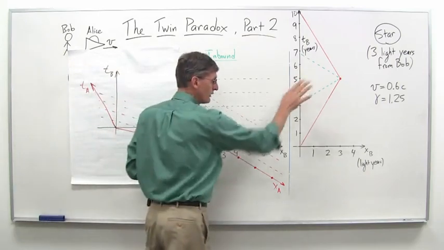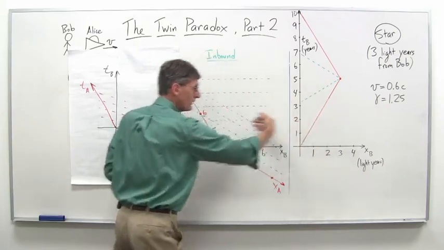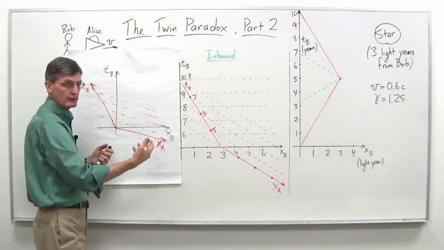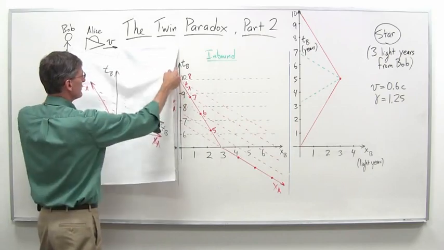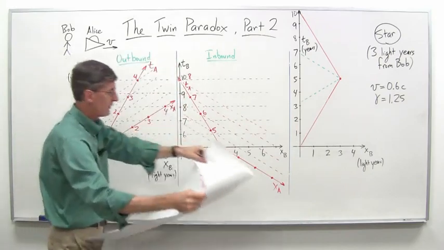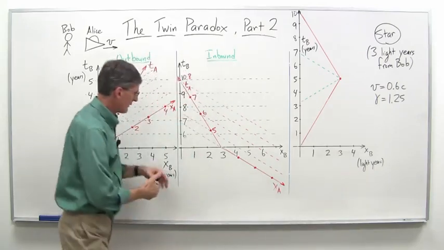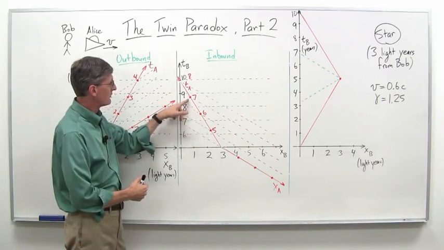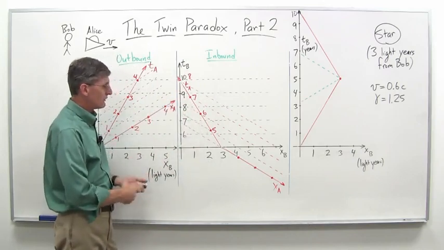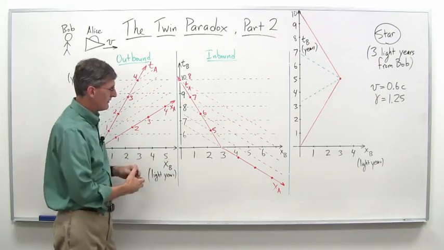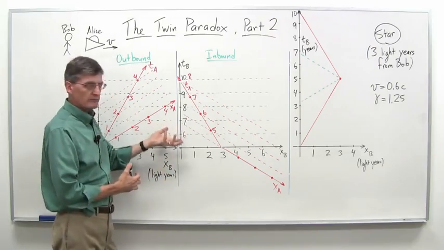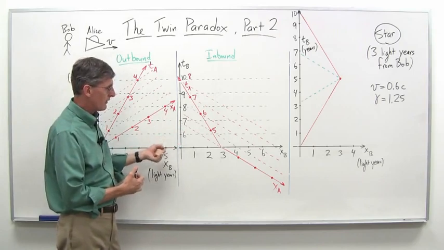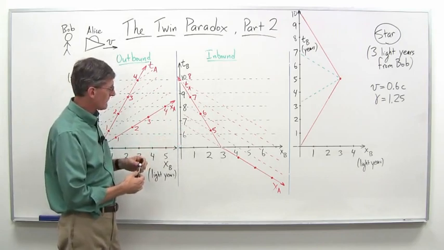One frame of reference going out, velocity going that way, has now turned around, coming back this way, and has a new frame of reference. She's changed her frame of reference. So let's see what we've got here. Again, we put the scale markings for her. And once again, you could look and see that each of them thinks the other's clocks are running slow.